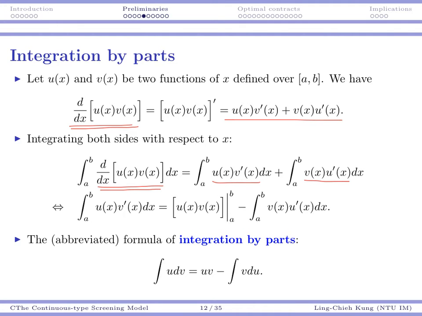You can see that when we do this integration, you can apply the fundamental theorem of calculus or the Leibniz rule, because it's something being differentiated and then taking the integral. So it goes back to itself, and all we need to do is to plug in a and b. Okay, nothing special.